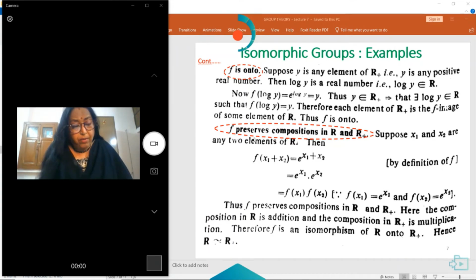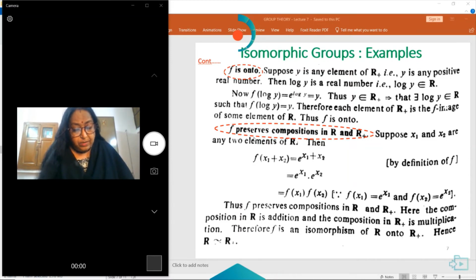So f of log y is equal to e to the power log y, and that is equal to y. Y belongs to R plus and is the image of an element of R. Thus f is onto.